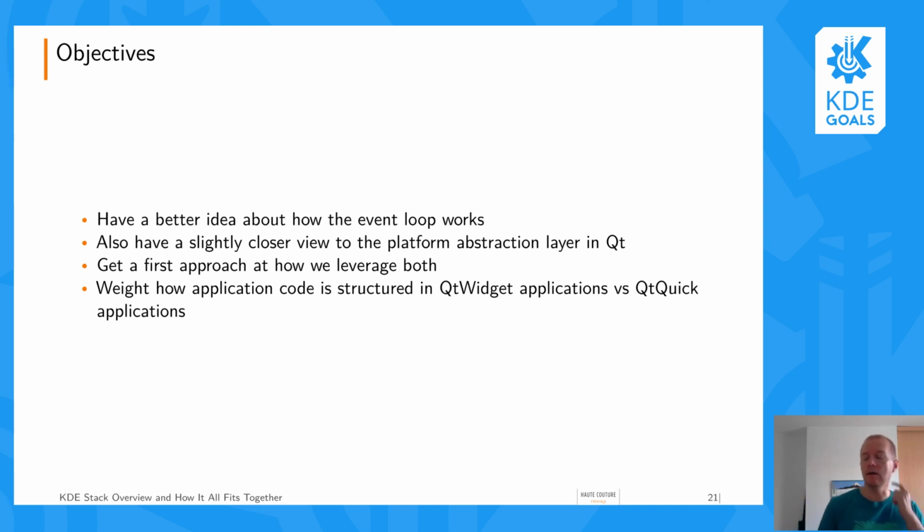And we will see first few ideas on how we leverage both of those. And we will also have a conversation about how the application code is structured between KWidgets applications and Qt Quick applications, which are really the two graphical stacks which are used within Qt. They have different properties, and people making applications with those, in part for historical reasons, have a particular way to structure them. So there's some insights to gain from that.